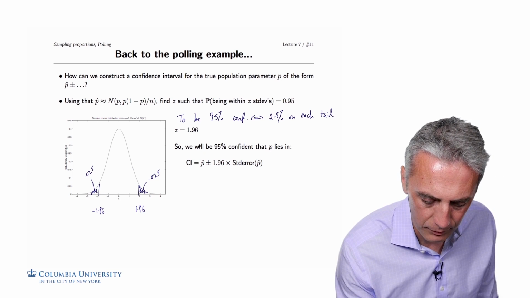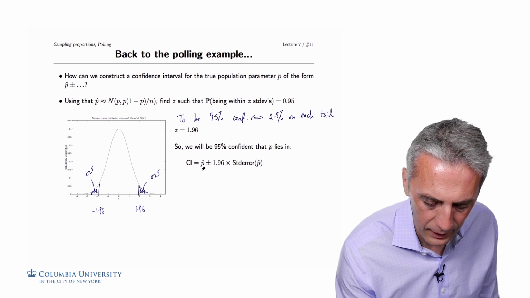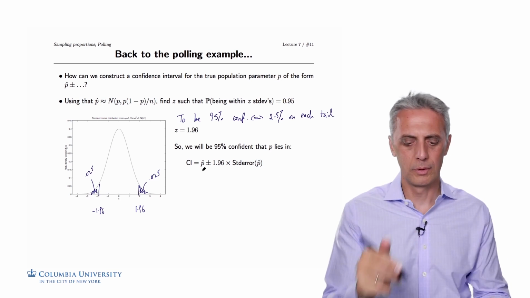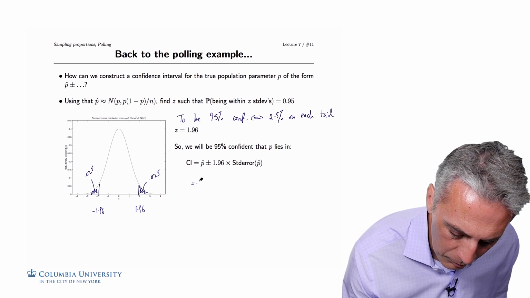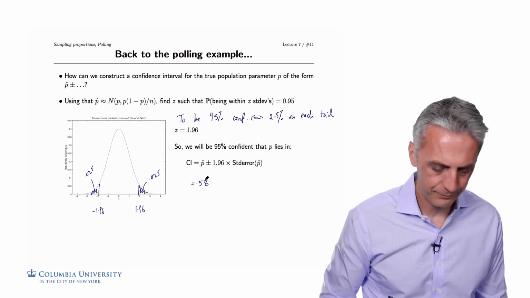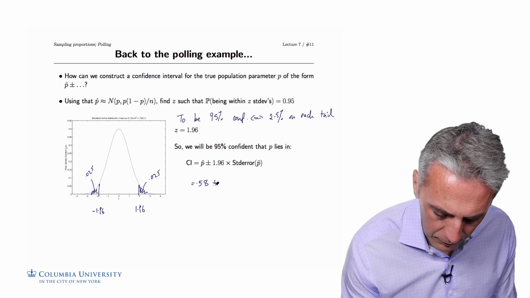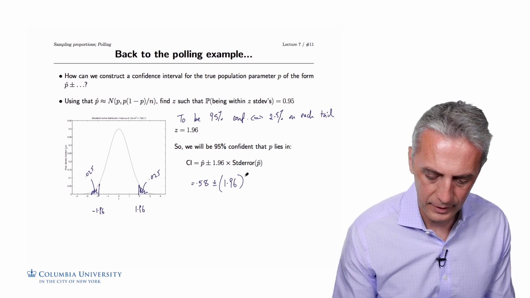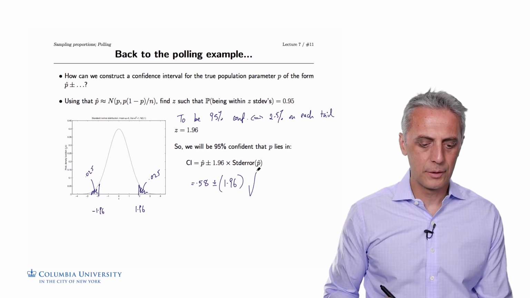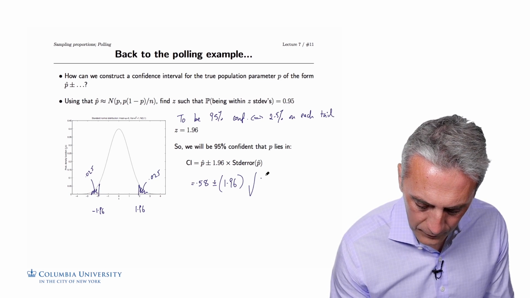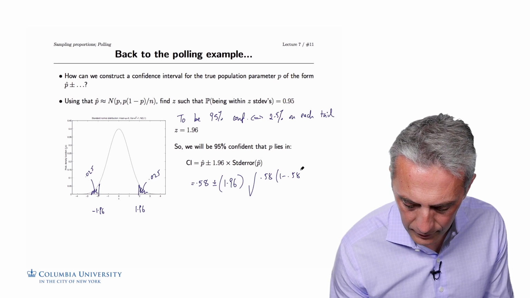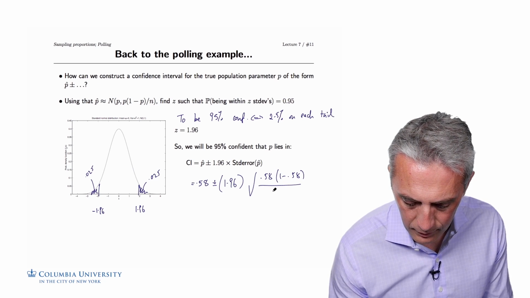So the confidence interval is going to be p hat. So the truth is going to be within the interval that looks like 0.58 plus or minus 1.96 standard errors. And the standard error is the square root of 0.58 times 1 minus 0.58 over 1266.